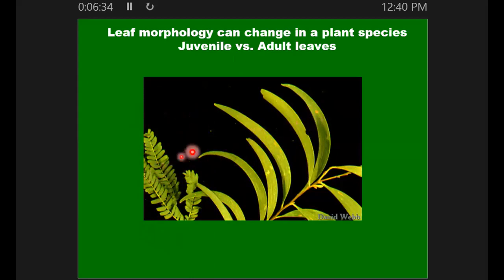This is the same species. We tend to say the young ones are juvenile, and the mature plant is the adult plant. That can be very confusing. So I have a hard time with very young seedlings when I'm out hiking trying to figure out what they are, because it can be tricky.